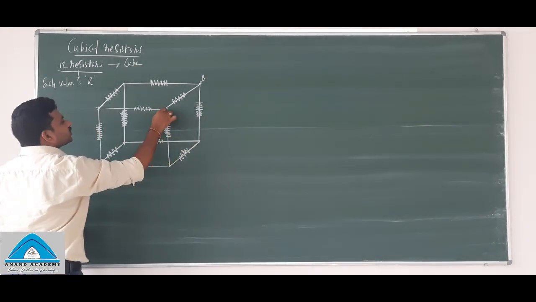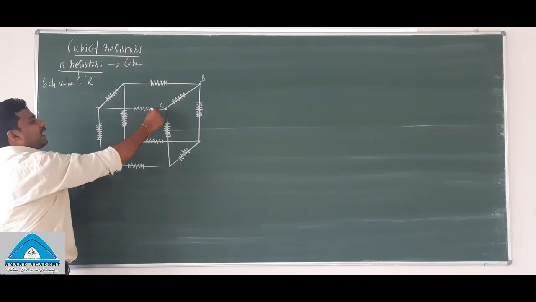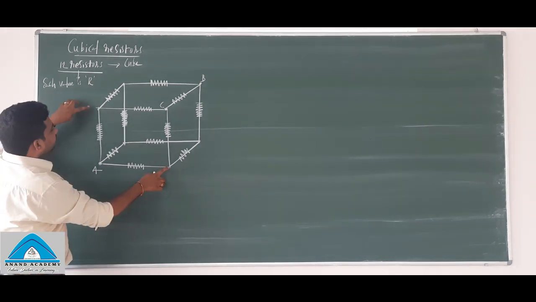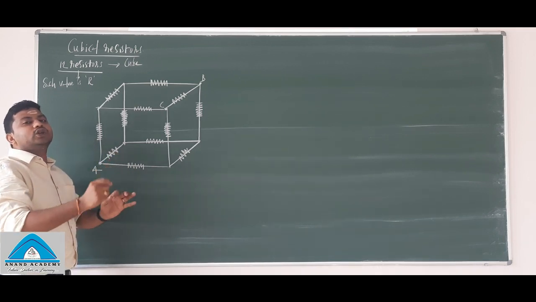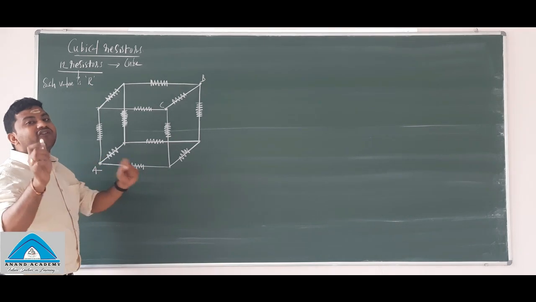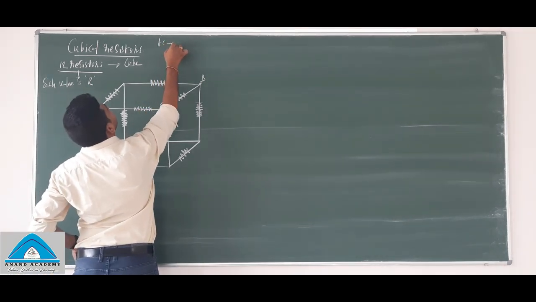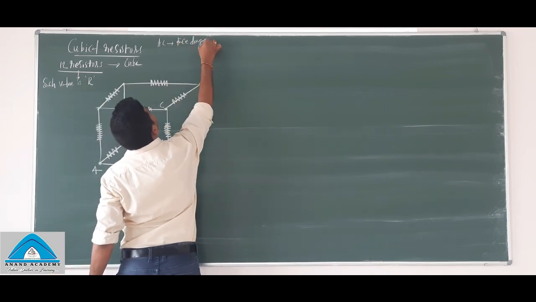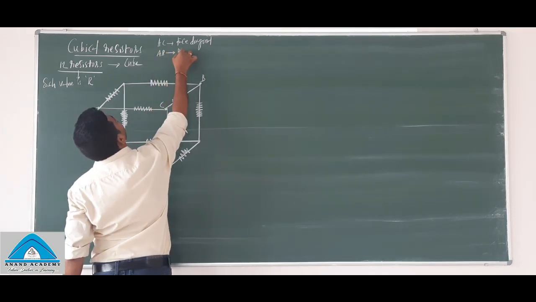Let me write, this is the point called C. These A and C are the points called face diagonal. Or this also can be the face diagonal. I am just naming for your better understanding. AC is the face diagonal. AB is the body diagonal.